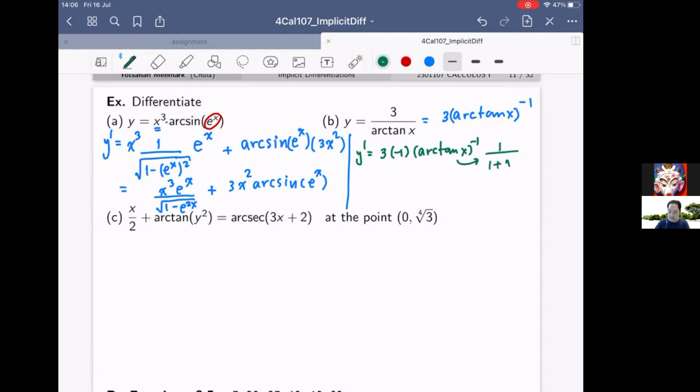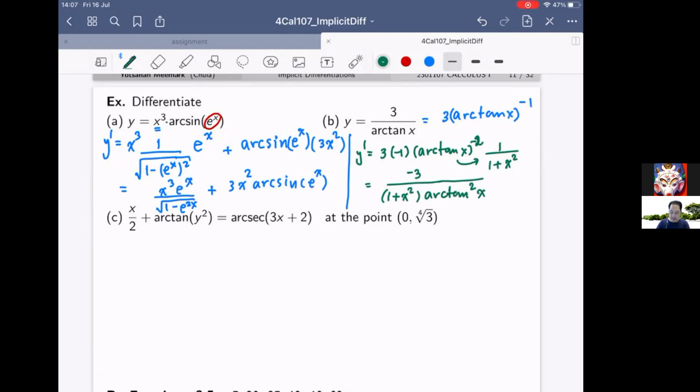The arctangent becomes 1 over 1 plus x squared. Oh, this one lowers by 1, so it must be 2. Or you can rewrite it as 3 over 1 plus x squared, times arctangent squared of x. This one you can rewrite in this way as well.